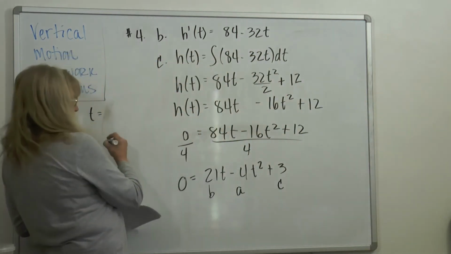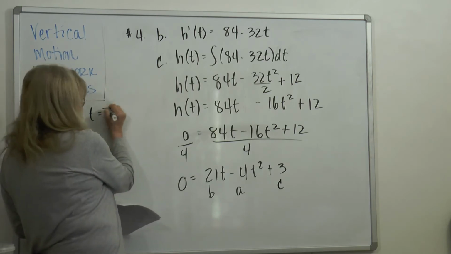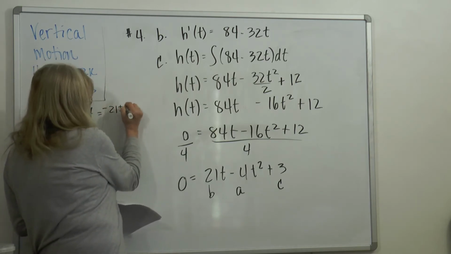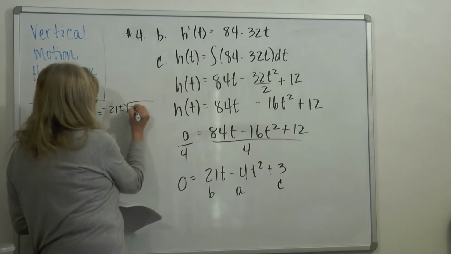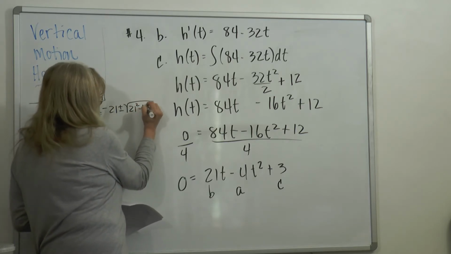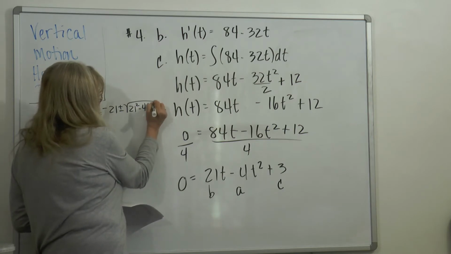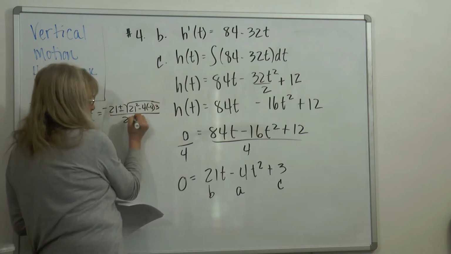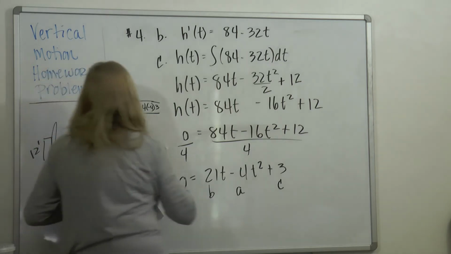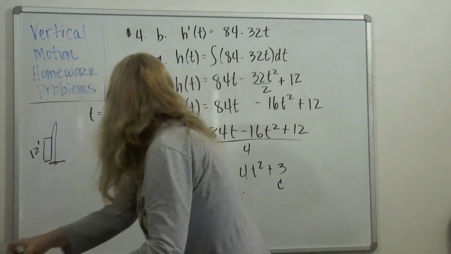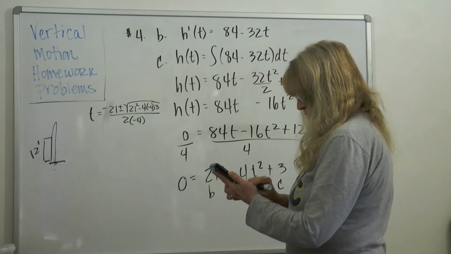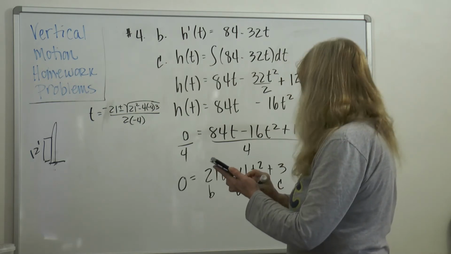Okay, so t is going to be equal to negative b, so negative 21, plus or minus the square root of b squared, 21 squared, minus 4 times a times c, whole thing over 2 times a. 21 squared.